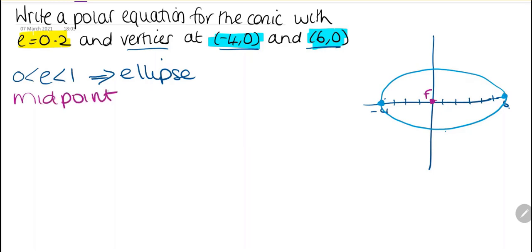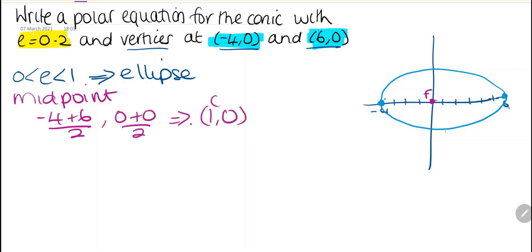If we add our x's and divide by 2, and then add our y's and divide by 2, the midpoint, or the center, will be at (1, 0). So this is going to be the center of our ellipse. Now, if the center is at this part, it means that it's opening in this direction. So our directrix is going to be to the left. So this is going to be a negative, but we don't know the value yet.